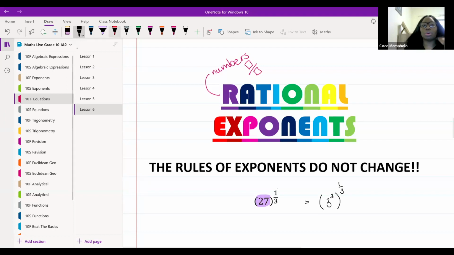I see a bracket and an exponent, so I'm going to take 3 multiplied by 1/3. 3 multiplied by 1/3 is just the same as 1. So 3 to the power of 1, which is 3. And we know this is true because we've just done the cube root of 27 and we found that the answer is indeed 3. Are we all okay with this idea?